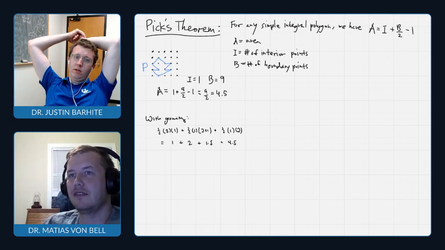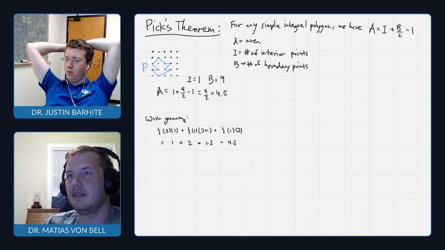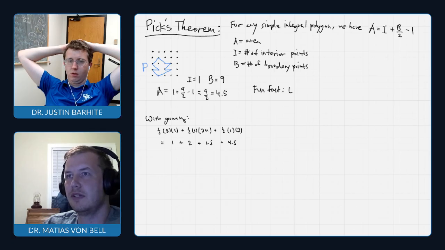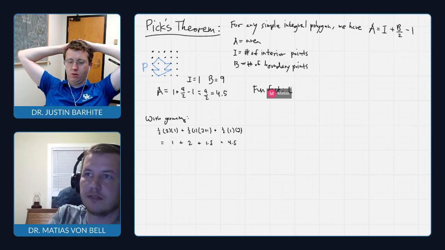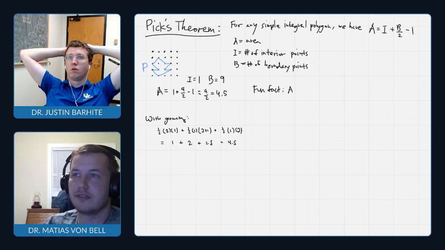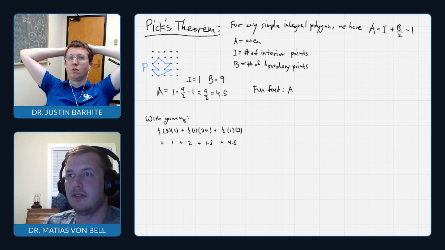So a fun consequence, I mean it's non-trivial, but one fun fact that follows from this, at least I think it's fun, is the following: every triangle that has integer coordinates as the vertices and no interior points has area 1/2.